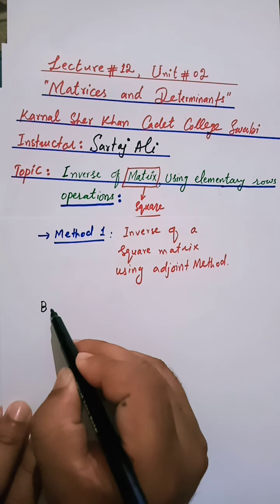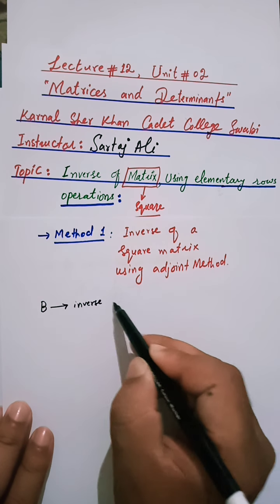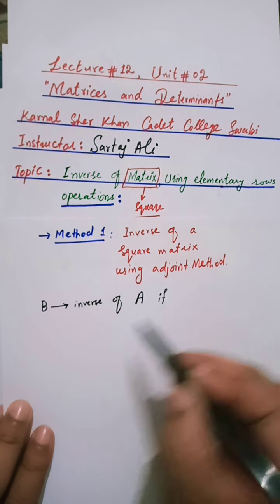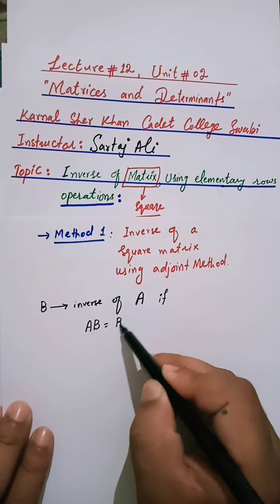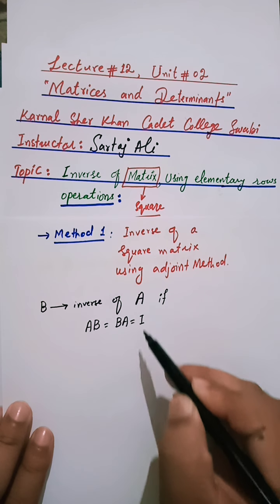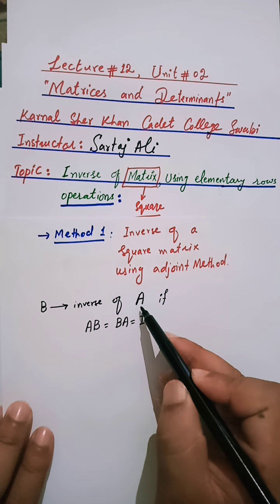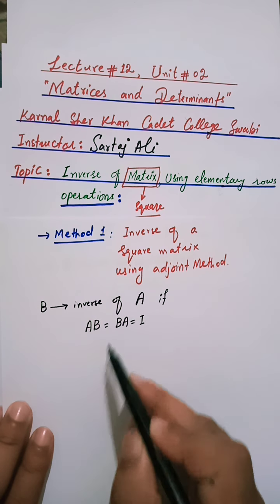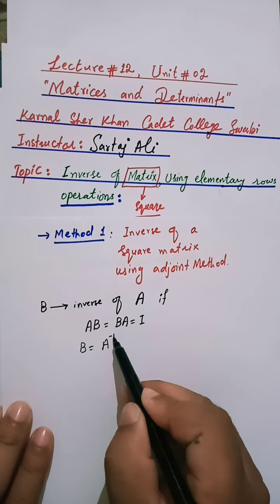First of all, let me revise the definition of the inverse of a square matrix. A matrix B is said to be the inverse of a given matrix A if we multiply this matrix B with A from right or from left and we get the identity matrix of the same order as A. Then we say that matrix B is called the inverse of matrix A, and that inverse is denoted by A to the power minus 1.